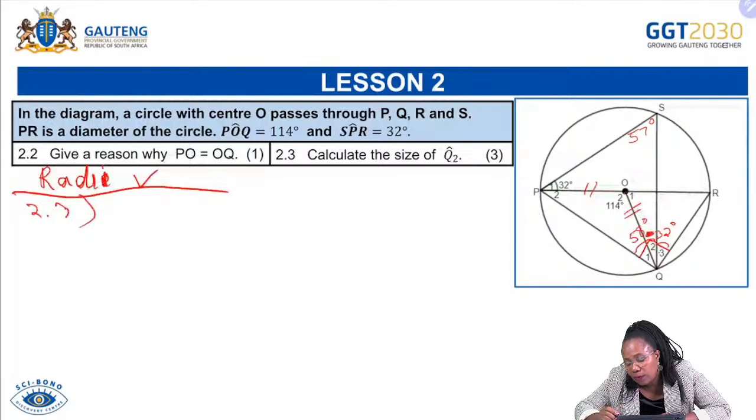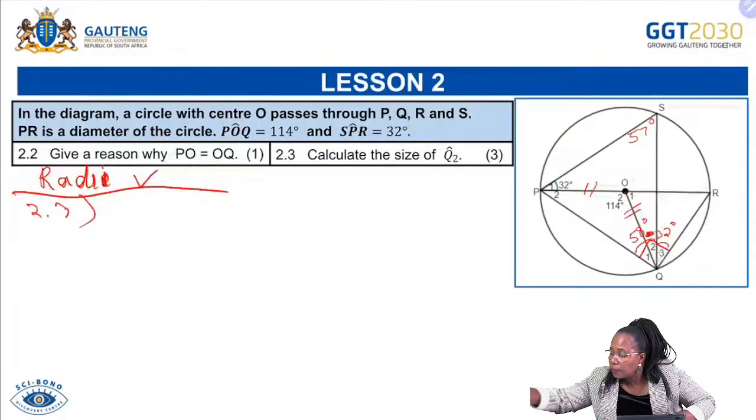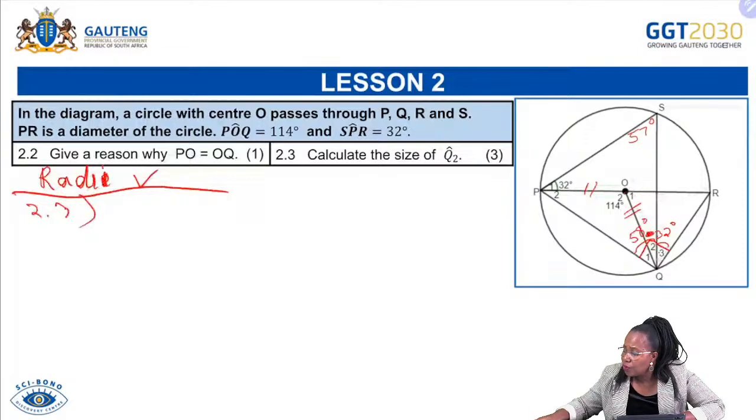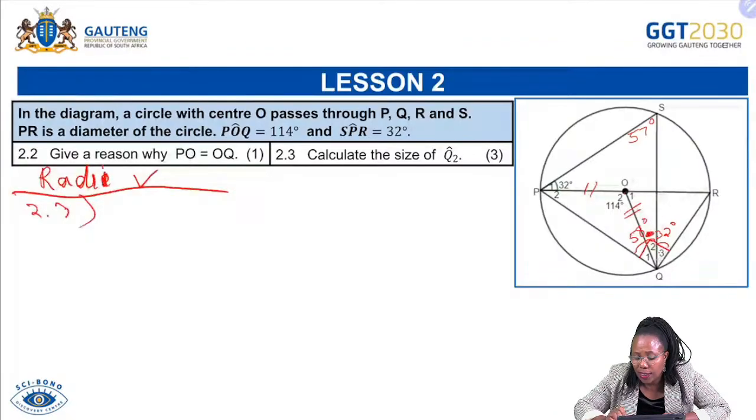And then now we have two options to do that, grade 12. The first one, we can calculate the angle R to be 57, and then from here you can calculate, because this will be equal to that one, 57.